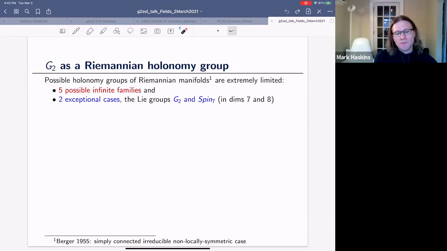There are 5 possible infinite families plus 2 exceptional cases. The 2 exceptional cases occur in dimensions 7 and 8: G2 occurs in dimension 7, and Spin(7), the double cover of SO(7), appears in dimension 8.